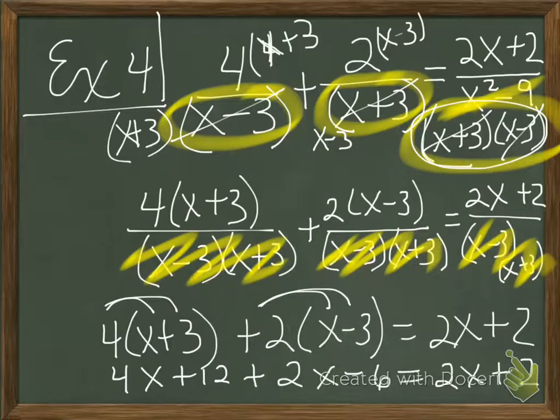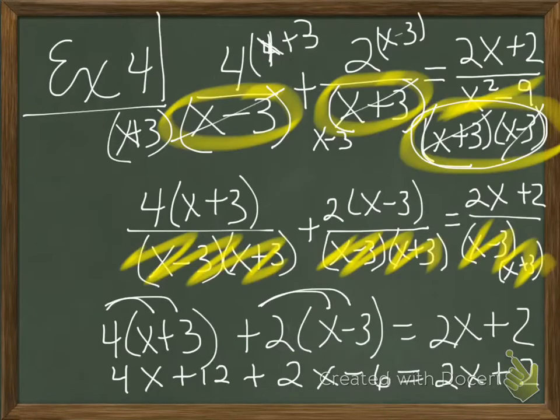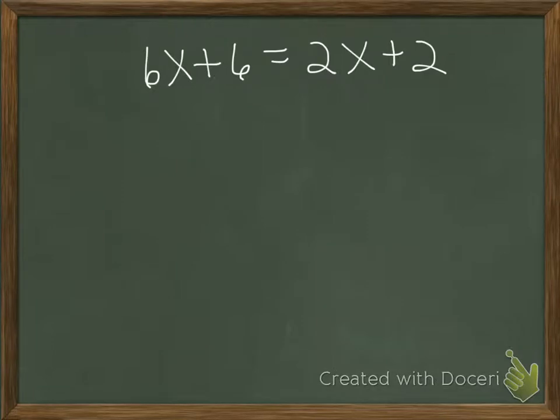So I should have 6x plus 6 equals 2x plus 2. And again, I'm going to go back, make sure that I didn't miss anything. 4x plus 2x is 6x. 12 minus 6 is 6 equals 2x plus 2. So we're okay.